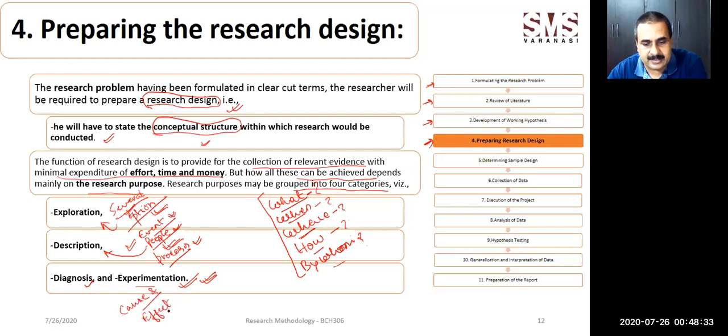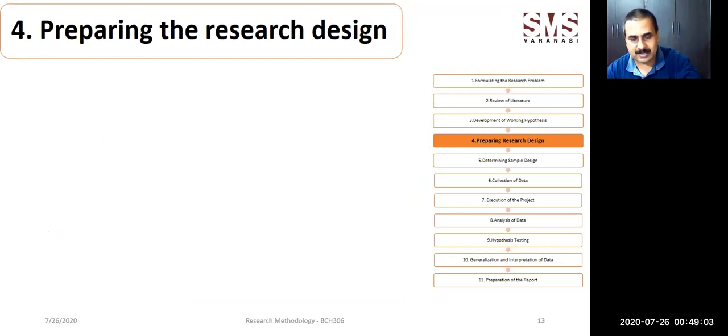If anything is happening, there must be a certain reason for it to happen, and we try to build that relationship between cause and effect. So this fourth type would be experimentation. Basically, research design is going to create the background of the entire research, under which the entire research is expected to be carried out. So research design is basically a benchmark under which the entire research is going to be carried out.